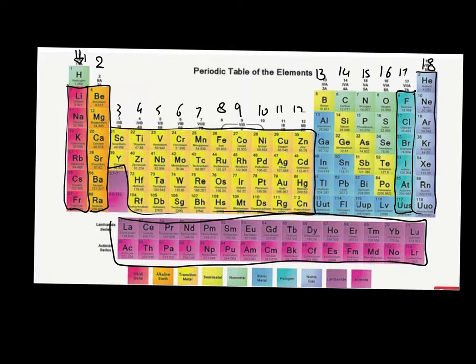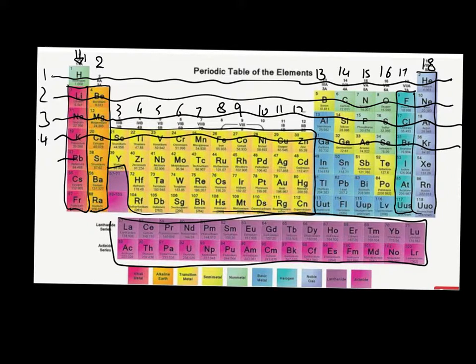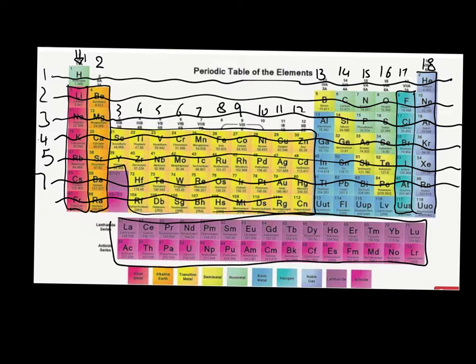Then, what are periods? A period is a row in the periodic table. So each row constitutes a period. There's period 1, period 2, period 3, period 4, period 5, period 6, and period 7.